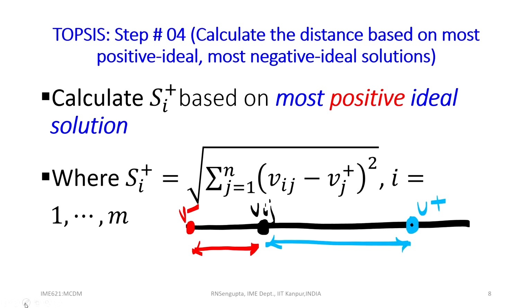Weightage why? Because if you remember I had mentioned, consider the distance as, even though it is written as S plus, consider S plus we are using. So, this will be S plus from the positive, this is S minus from the negative for all these different criteria alternatives, and based on that I want to find out the overall ratios of the normalized weights.